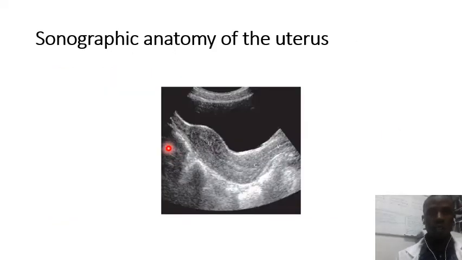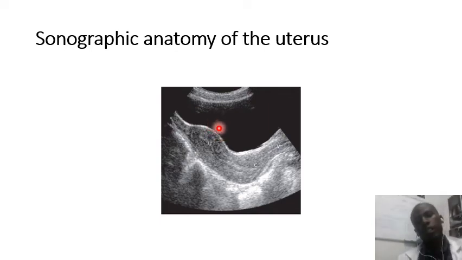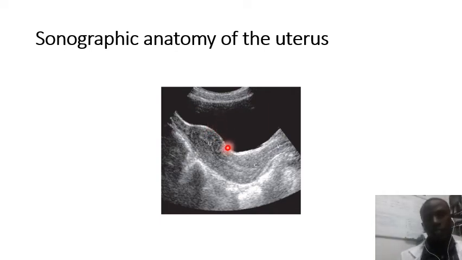So sonographic anatomy of the uterus, it has basically three main layers. That is the perimetrium as the outermost layer. Then it is followed by the myometrium. That is when you're coming from outside going inside.